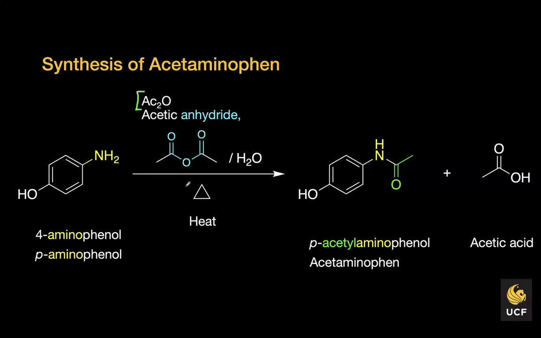Right, and the reaction involves heating up the reaction, and that's what delta is. Now that's an example of a reaction scheme. You're showing what you started off with and what product is formed. Acetic acid is one of the byproducts that is formed, whereas acetaminophen is really our target compound.